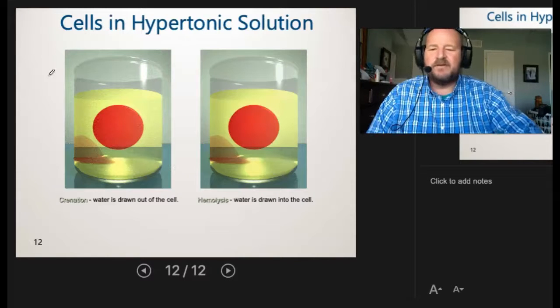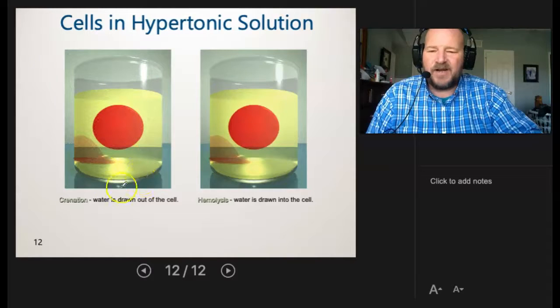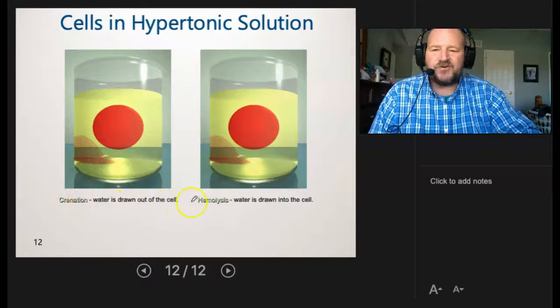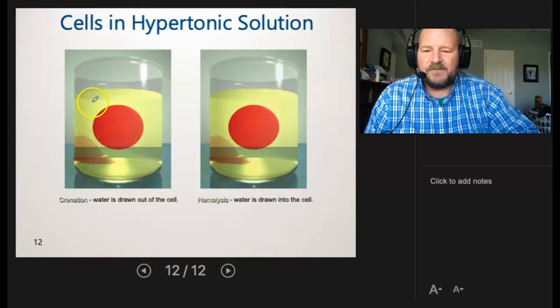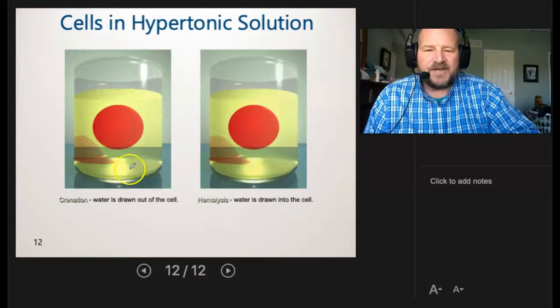And of course, here, unfortunately, my videos aren't working either, but we have crenation, which is water being drawn out of the cell. So what we would see here is that, in crenation, where is the concentration, right? It's a hypertonic solution. So is the concentration inside or on the outside, right?